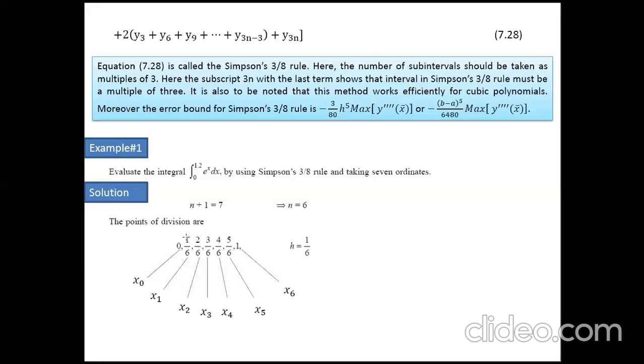Because 0 plus 1 by 6 is 1 by 6, 1 by 6 plus 1 by 6 is 2 by 6, 2 by 6 plus 1 by 6 is 3 by 6, 3 by 6 plus 1 by 6 is 4 by 6, 4 by 6 plus 1 by 6 is 5 by 6, 5 by 6 plus 1 by 6 is 1, that means 6 by 6. So it will be 1. So these are the values of x: x0, x1, x2, x3, x4, x5, x6.